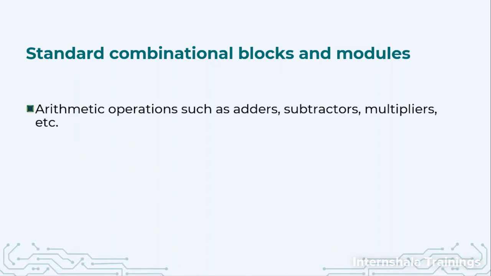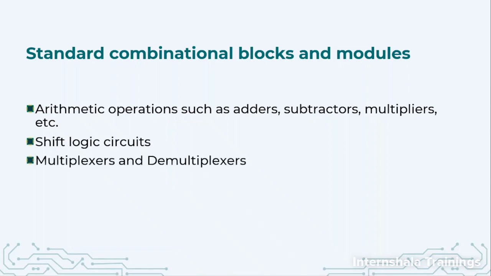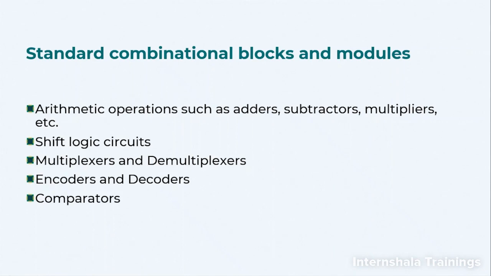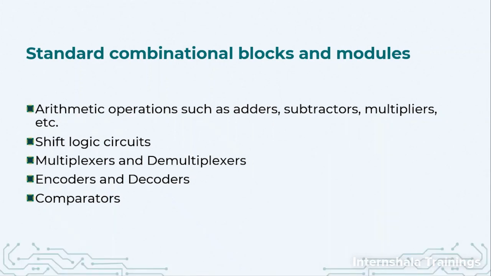We are going to make arithmetic operations such as adders, subtractors, multipliers. We are going to implement shift logic circuits, multiplexers, demultiplexers, encoders and decoders, comparators. So students, we are going to discuss them in detail in our incoming modules. These will be implemented once and they will be used in the larger system implementations.